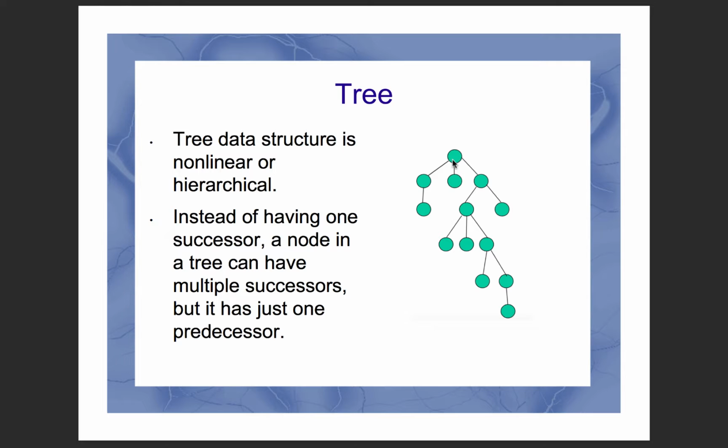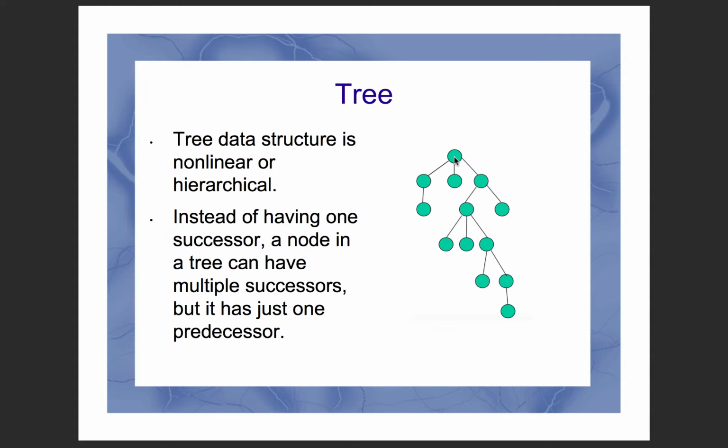Here you can see that these circles are nodes in a tree, but each node might have multiple forwarding nodes. You can see that this node has three forwarding nodes. So this node leads to this node, also to this node, also to this node. That means a node might have multiple forwarding nodes. So that's why it's non-linear.